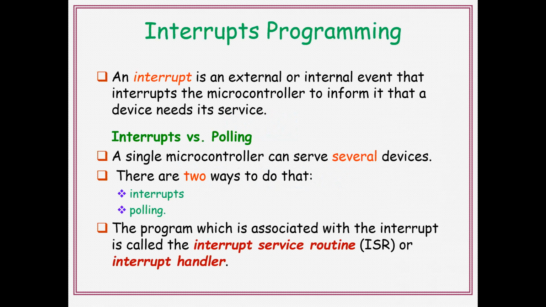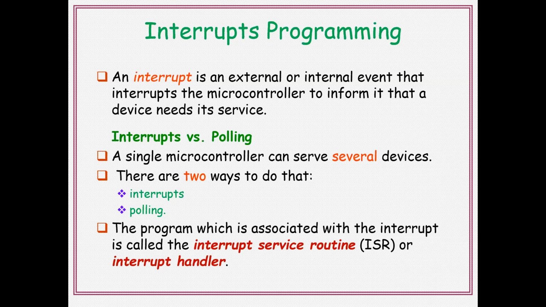An interrupt is an external or internal event that interrupts the microcontroller to inform it that a device needs its service. What is the difference between interrupt and polling method? A single microcontroller can serve several devices, and there are two ways to do that: the interrupts mechanism and the polling method.